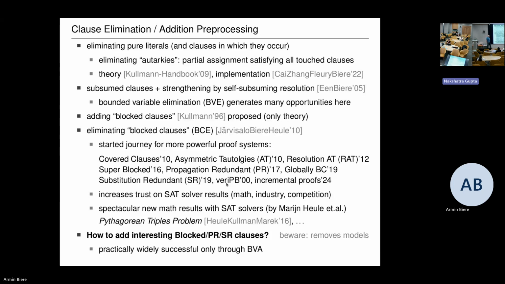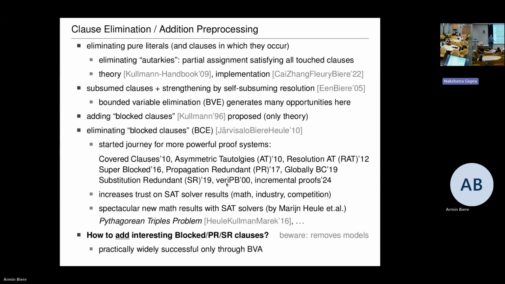But all these attempts were mostly manual. In this paper, for instance, they came up with manual proofs for all this hard complexity. And you saw on the previous slide that these PR clauses are not really working that well in practice.